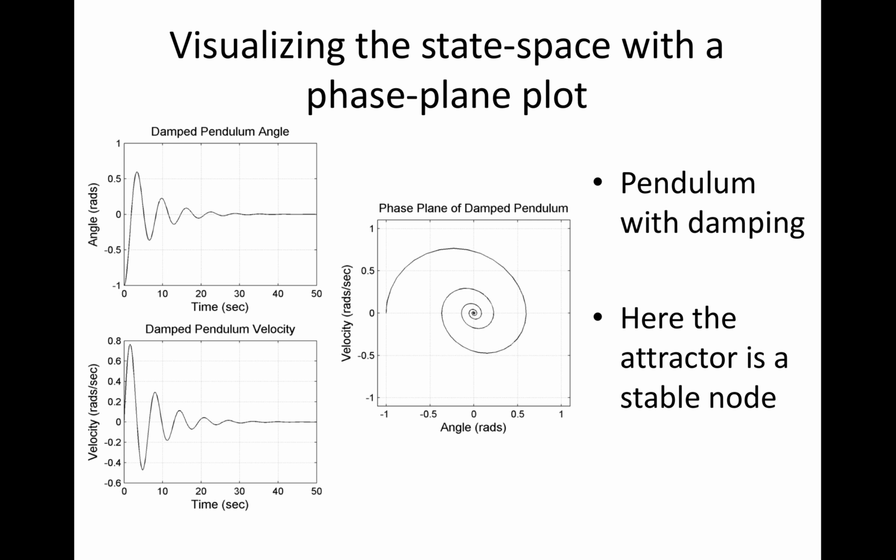So basically, as time goes to infinity, this phase plane diagram is tracing out this curve, and it's going to approach this node at 0-0, and that's considered a stable node because, once this motion has damped out, there's nothing driving it. It's not going to increase in its oscillation behavior.